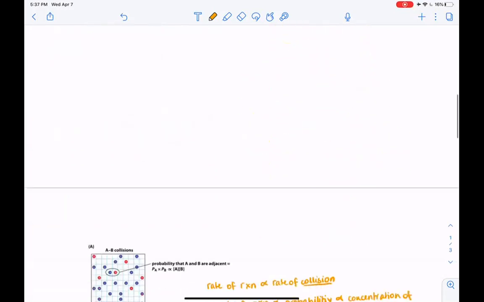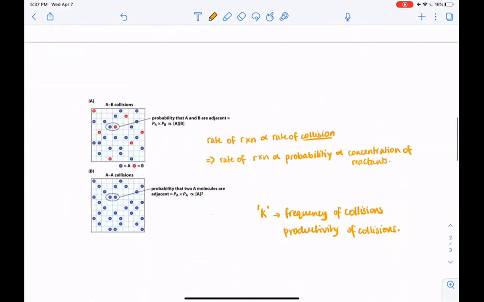So we can see that our rates are dependent on the concentration. The reason is that the rate of a reaction is proportional to the rate of collision between 2 or more molecules. In this case, let's take 2 molecules, A and B. The rate of collision is dependent on the probability of finding each of those molecules in a space. And that probability, as we know from earlier chapters talking about entropy, is proportional to the concentration of the reactants themselves.